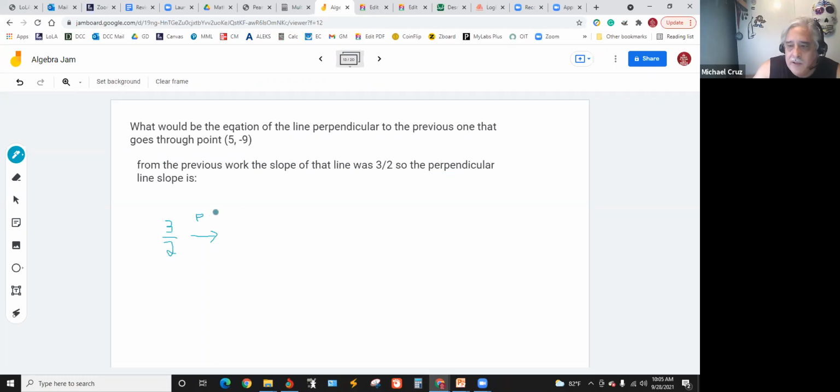And I'll just put PS for perpendicular slope. I want you to just see what I'm doing. So what I'm going to first of all do is take the opposite sign and then take the reciprocal. That's technically not how most textbooks handle it, but what they usually say is that the product of the two slopes is -1. So let's just check that out.